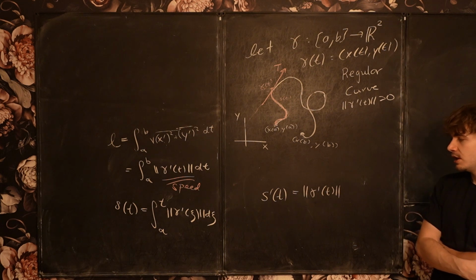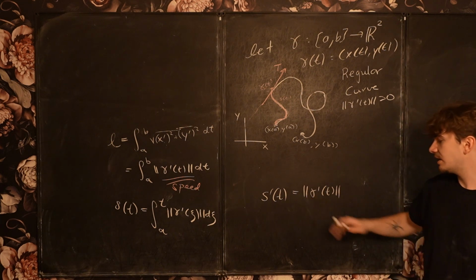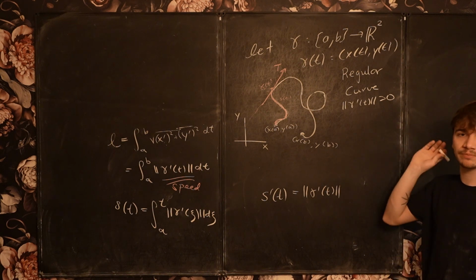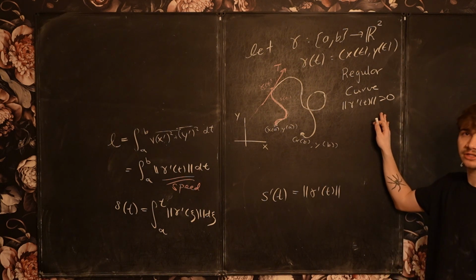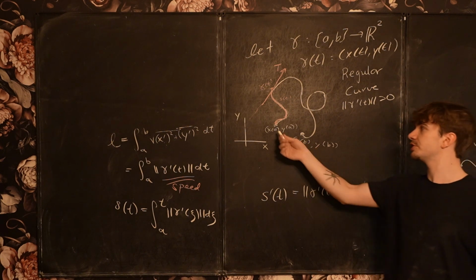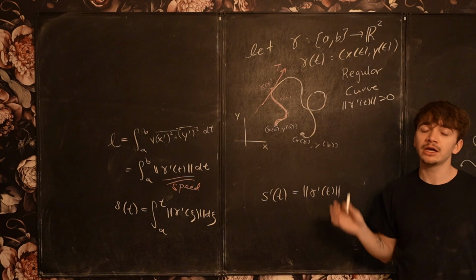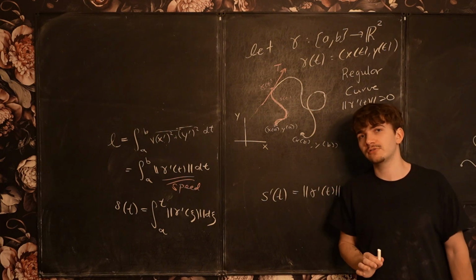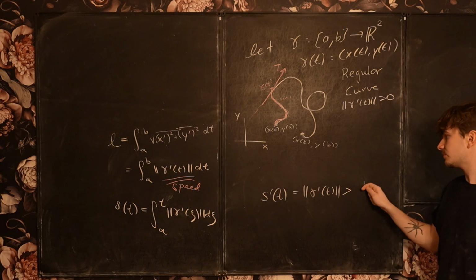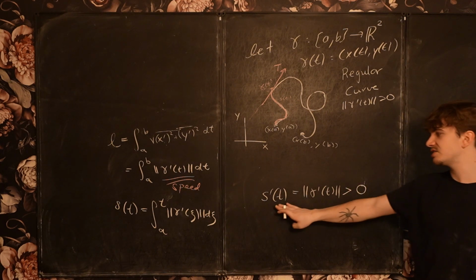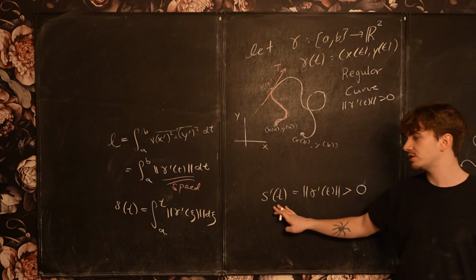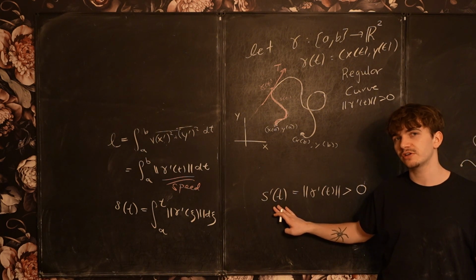And so what is this telling me? Well, since I'm assuming my curve is parameterized with speed greater than 0, which is actually an important assumption to ensure that this plane curve is a regular submanifold of the plane, a one-dimensional submanifold, then s prime of t is always positive, and so in particular s is a strictly monotone increasing function.